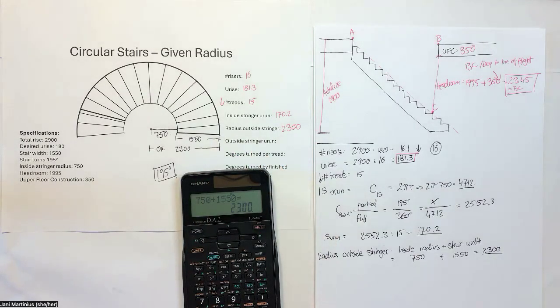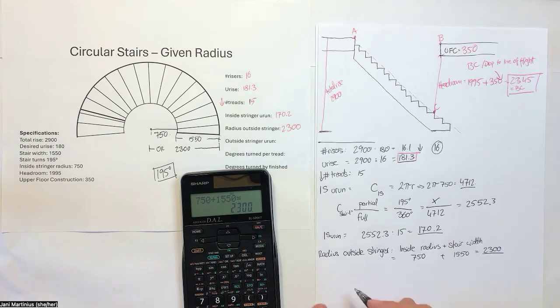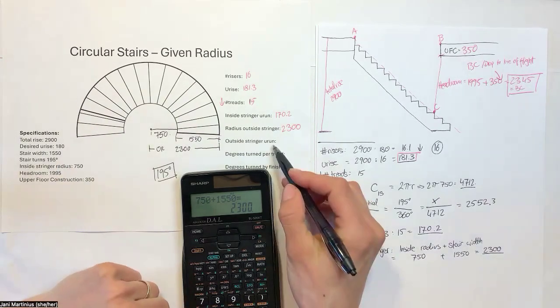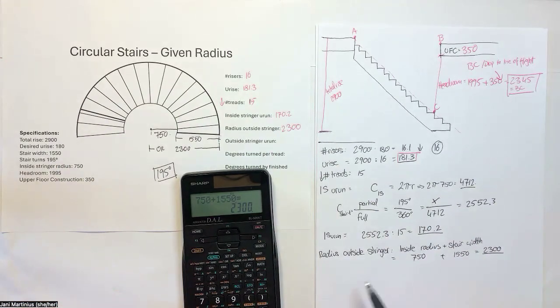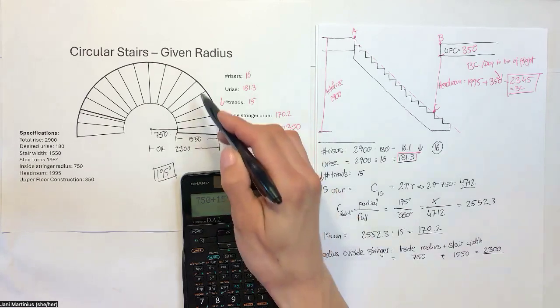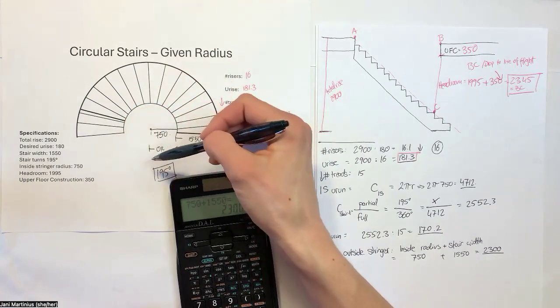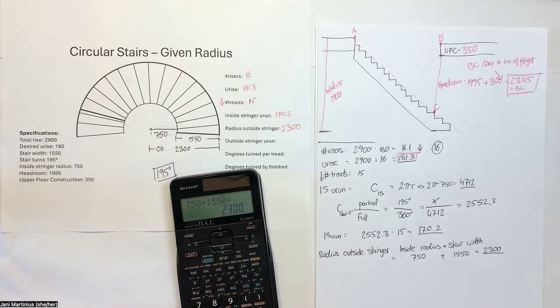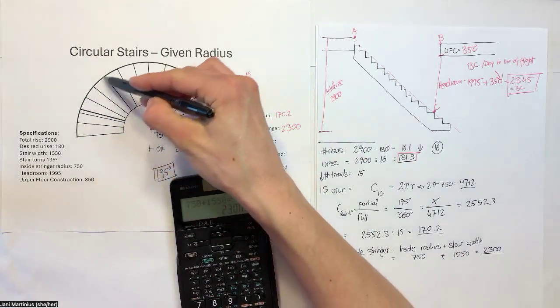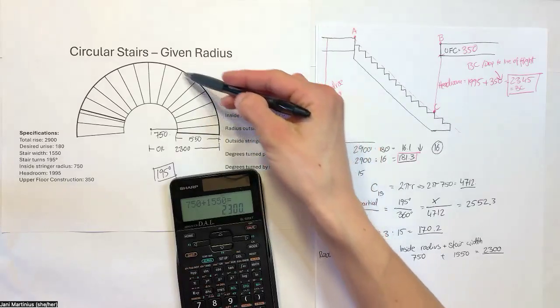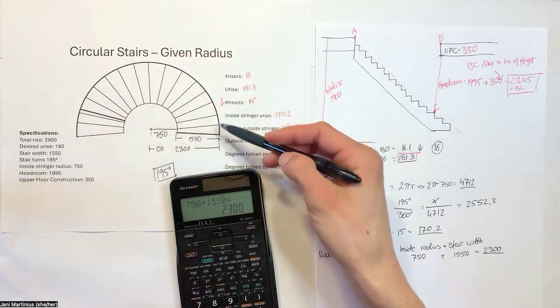Next, we want to find out the outside stringer unit run. So basically, we're redoing this entire bit here. We're going to figure out the circumference of the entire circle on the outside, and then do ratio and proportion to find the length of the arc that our stair runs.